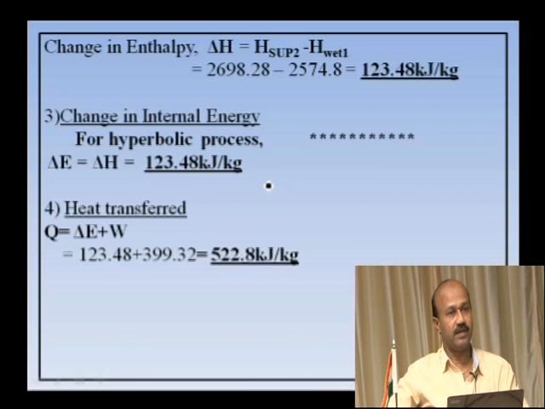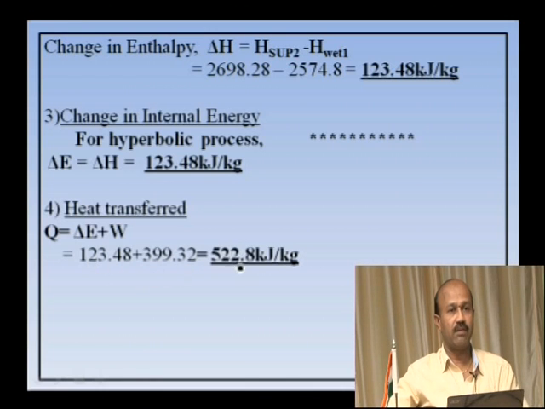Now, heat transfer. According to first law, the amount of heat transfer Q is equal to change in internal energy plus work done. This is same for all the processes. Therefore, heat transfer Q is equal to delta E, 123.48, plus work done, which in the first equation you got around 399.32.